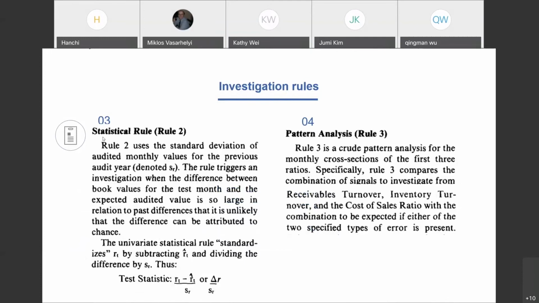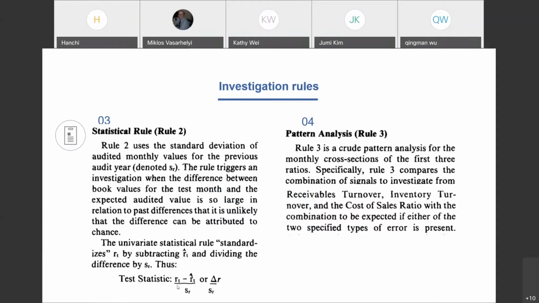The second one is the statistical rule, which uses the standard deviation of the audited monthly value for the previous audited years. The rule triggers an investigation when the difference between the book value for the test month and the expected audited value is so large that it is unlikely to be just a coincidence.